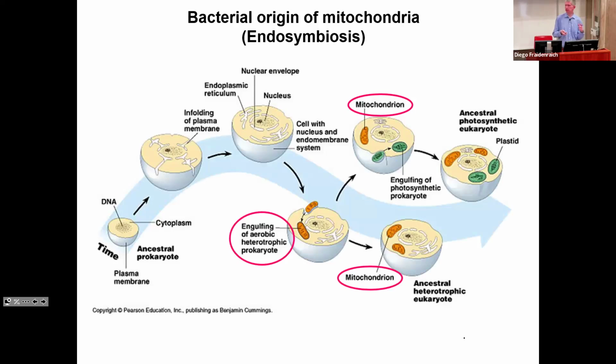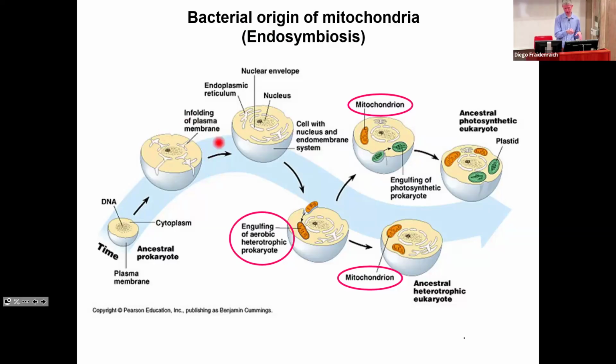Mitochondria themselves, as organelles, were not always there in the cell. They came from something, and it's called the endosymbiotic hypothesis, that mitochondria have a bacterial origin.